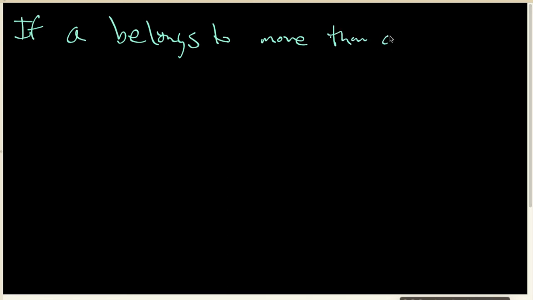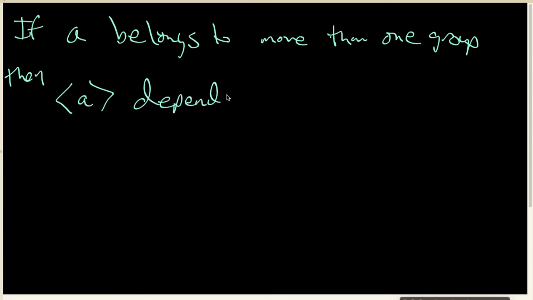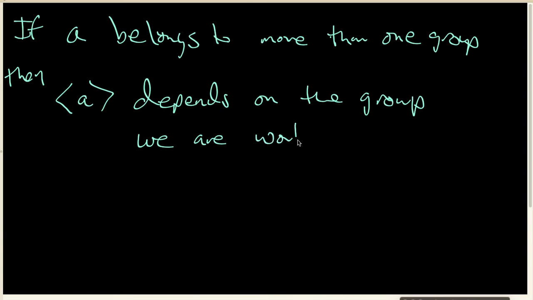If a particular symbol belongs to more than one group, then the cyclic subset generated by that particular symbol depends on the group under consideration. So the group we are working with.